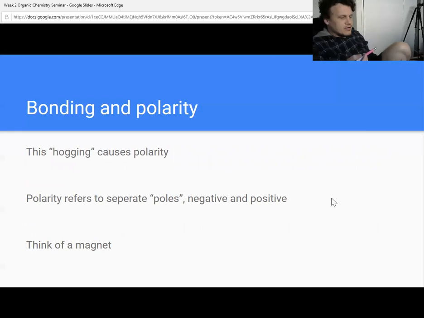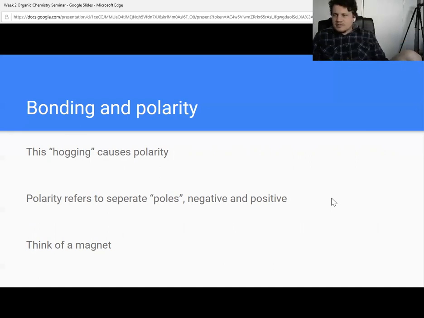So again, this hogging causes this polarity. So negative and positive. So we think of a magnet. A negatively charged end of a magnet will attract the positively charged end of a magnet.